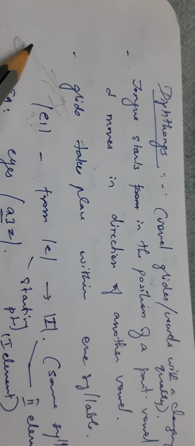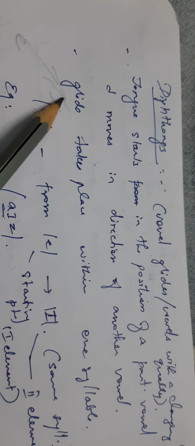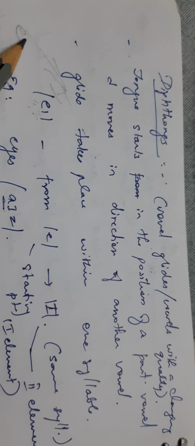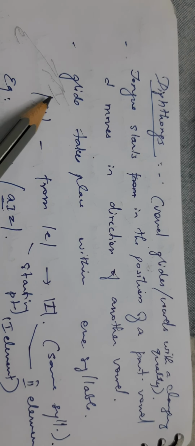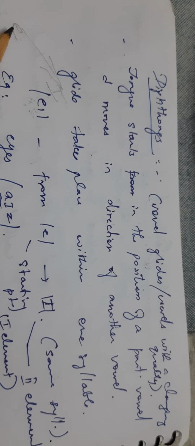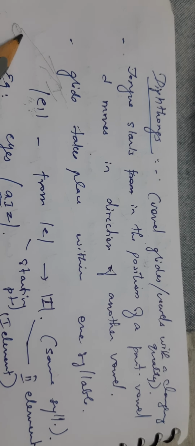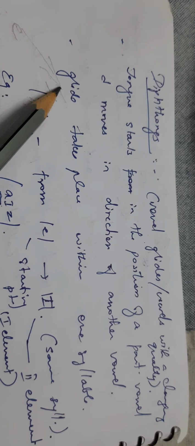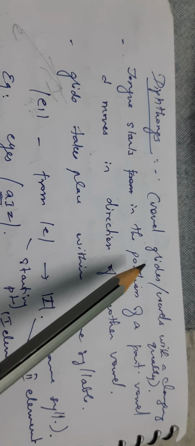So the movement takes place when the tongue starts in the position of a particular vowel and moves in the direction of another vowel. You have two vowel points here, one is A and E. When the tongue starts from the position of a particular vowel and then moves in the direction of another vowel, that becomes a diphthong or vowel glide.